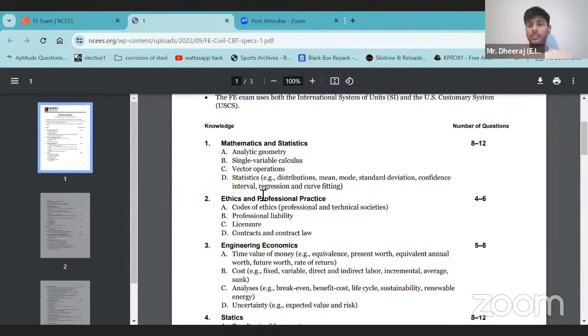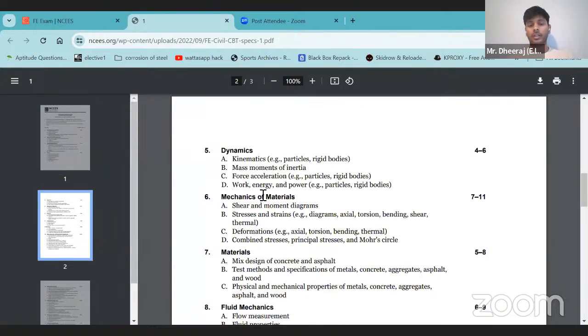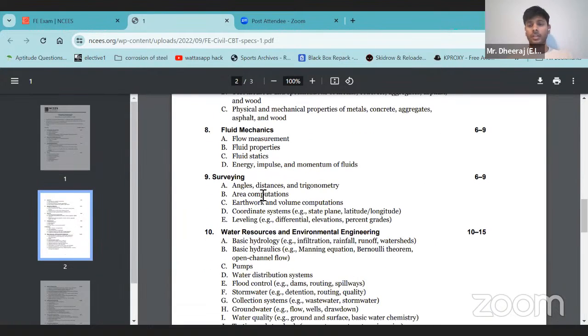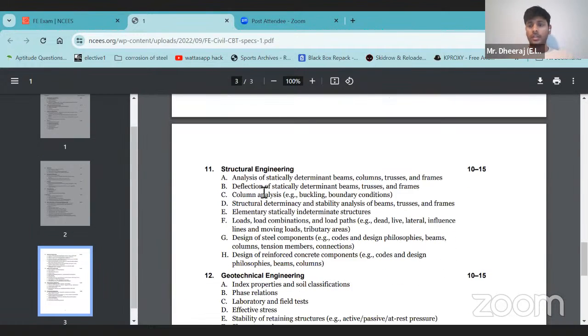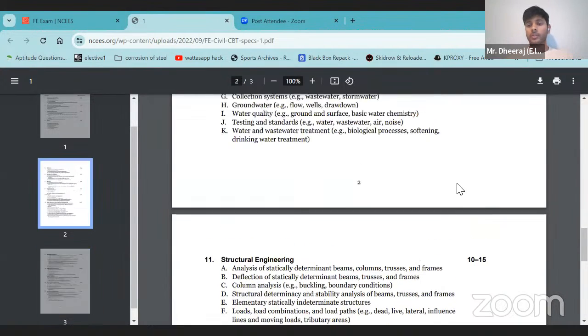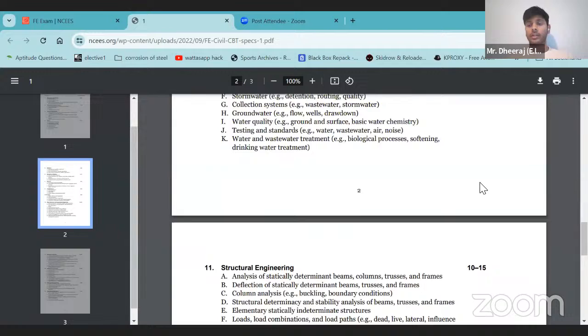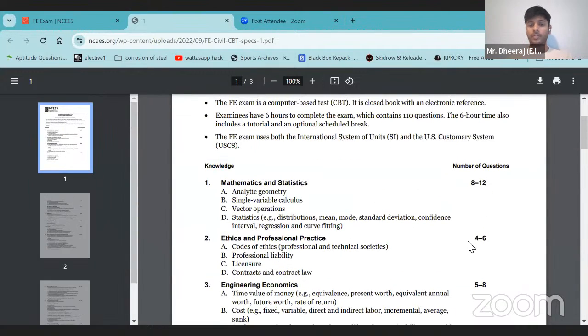So the first thing you do when you start preparing for the FE exam is download this syllabus paper and get familiar with all the sections: what is covered in dynamics, in water resources, in structures, geotechnical. And in this syllabus they mention the weightage, like 10 to 15 questions, 7 to 11 questions, and 4 to 6 questions from ethics and professional practice.